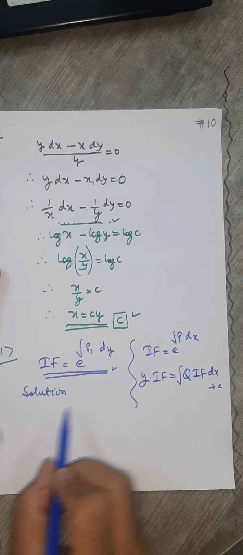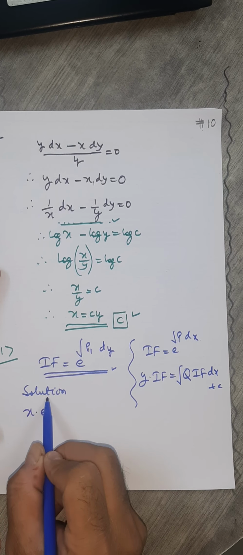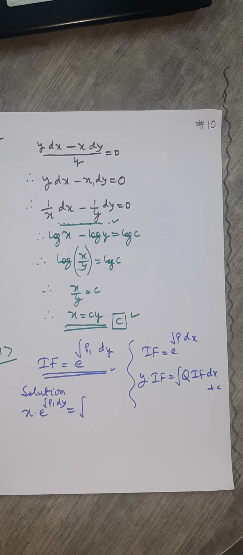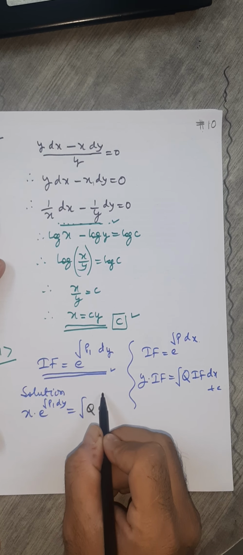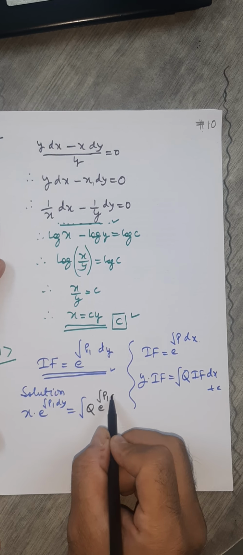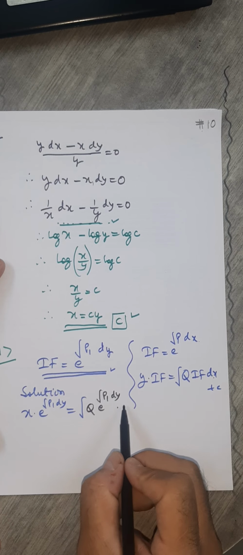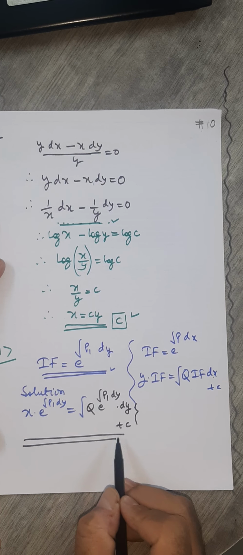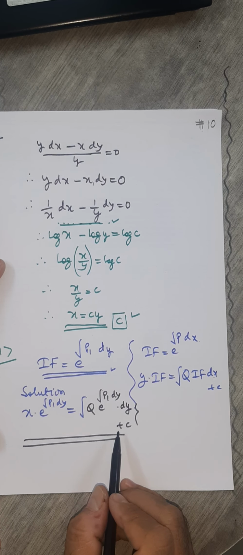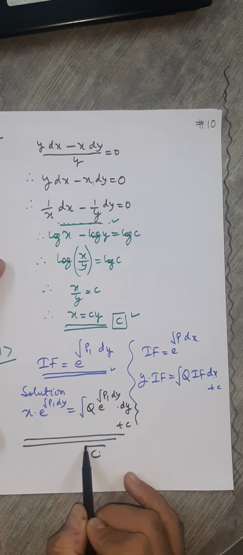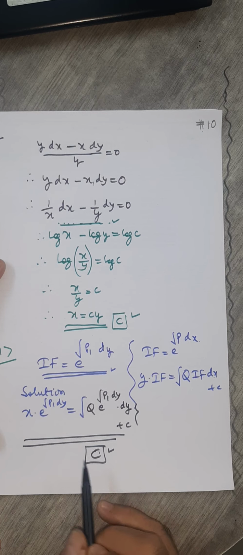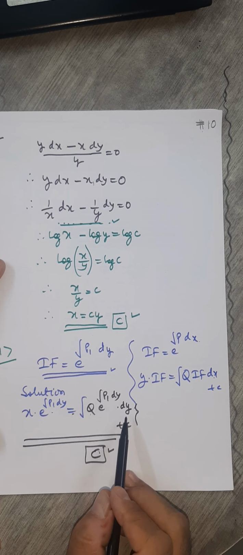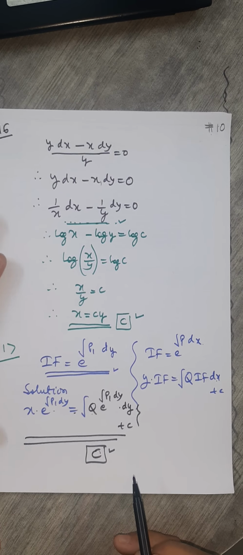Here you are going to interchange the variable. So x into e raised to integral of p1 with respect to y equals inside the integral q into e raised to integral of p1 with respect to y, here dy, with respect to y remember, plus c. That's your solution. We did it. Just recall the theory portion. I think this is again the option C. X into integrating factor equals inside the integral q into integrating factor with respect to y remember. That's your option C.